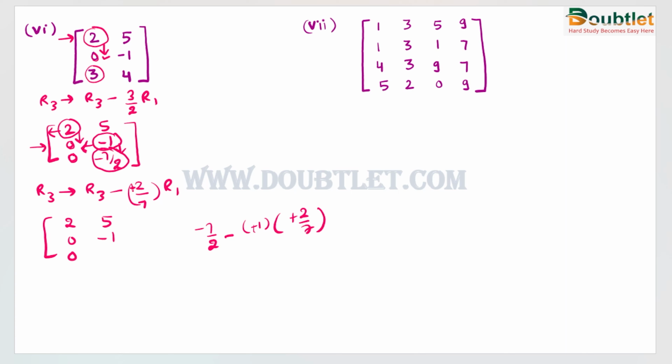So this should be plus 7 by 2 only. Because this is minus 7 by 2 minus times of 7 by 2 into minus 1, so these both will cancel, so it will become 0.